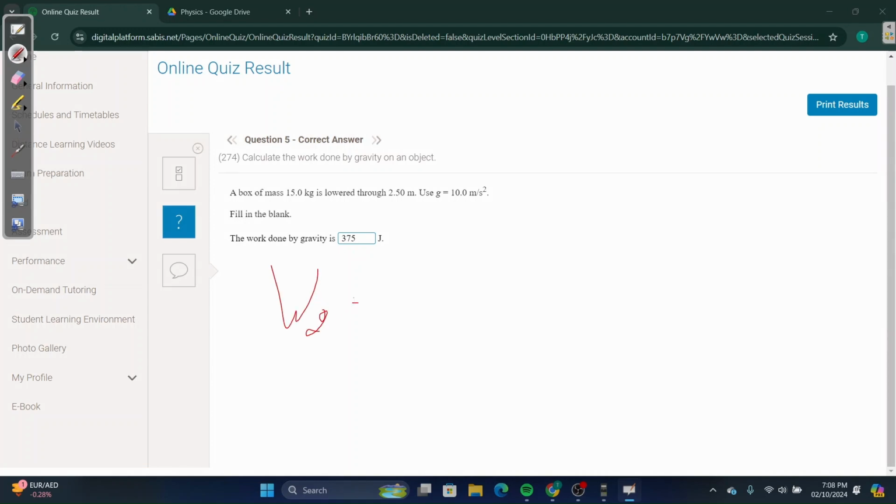So the work done by gravity is equal to m times g times h. It's the mass, which is 15 kilograms, times 10, times the height, which is 2.5.